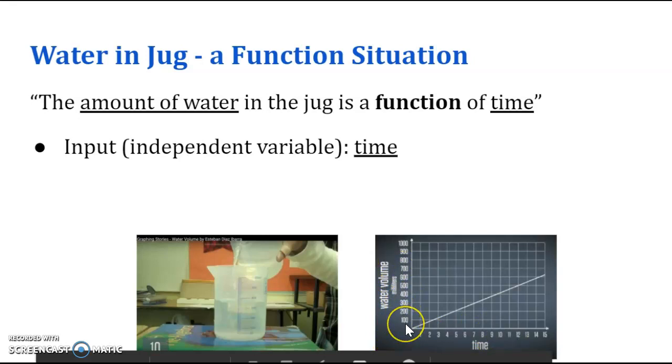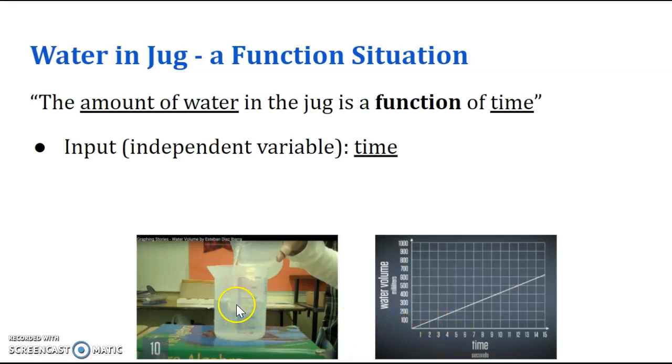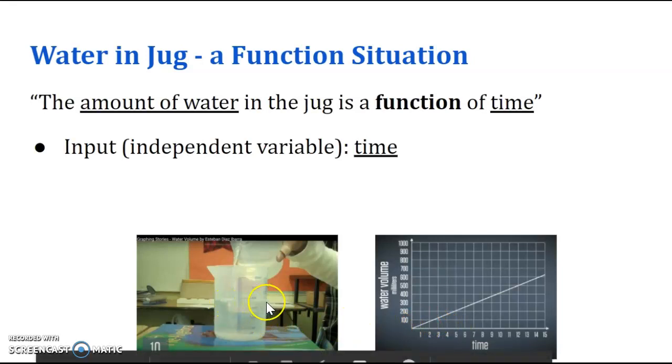And at what rate? Did it go really fast or really slowly? That will be determined by the slope. How steep it is will tell us how fast or how slowly the water was poured. And if you recall, at different times, they figured out where the height of the water level was, and they graphed that.